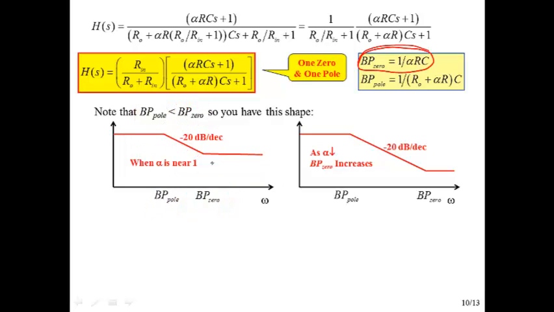And so then what ends up happening as I change alpha, the pole does change some, but the zero really changes. And what happens is that as alpha increases, the breakpoint for the zero increases. So the zero moves out this way. So here it drops off just a little bit and then levels off.